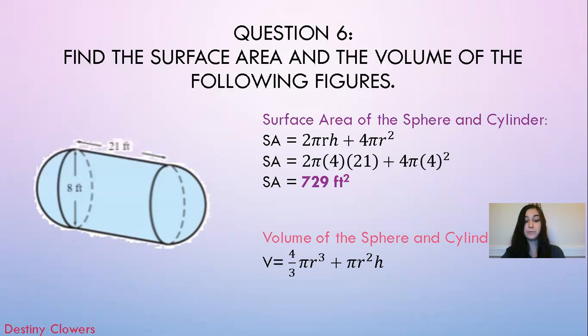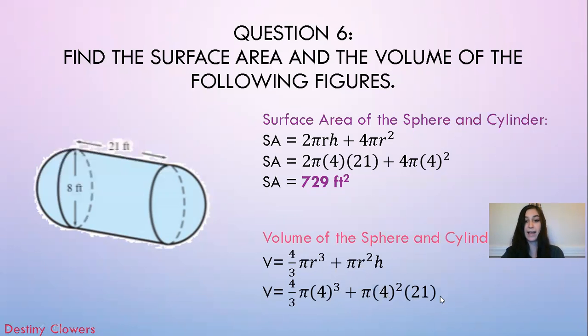Now the volume we've also got to find, and we can do the same thing. We can add the volume of the sphere with the volume of the cylinder, and this will be our formula when we do so. So we're going to plug in our radius and our height again into this formula. And when we do that, we get 4 over 3 times pi times 4 cubed plus pi times 4 squared times 21.